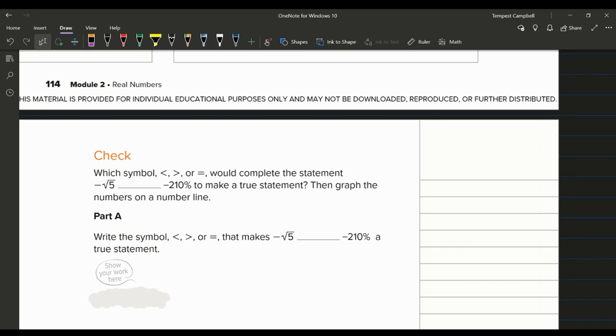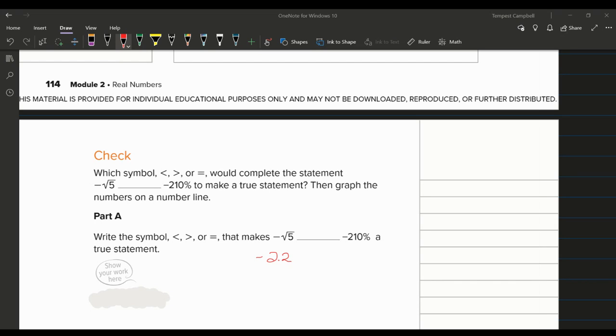All right, go ahead and check. So when we plug negative square root 5 into our calculator, what do we get? We get about negative 2.2.